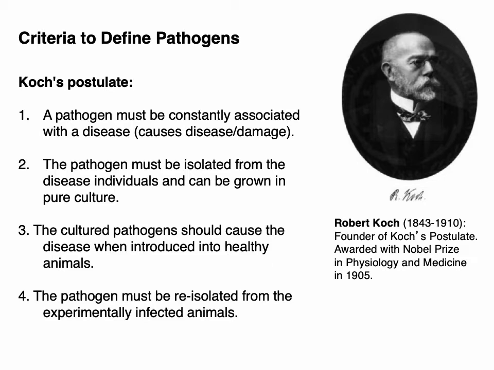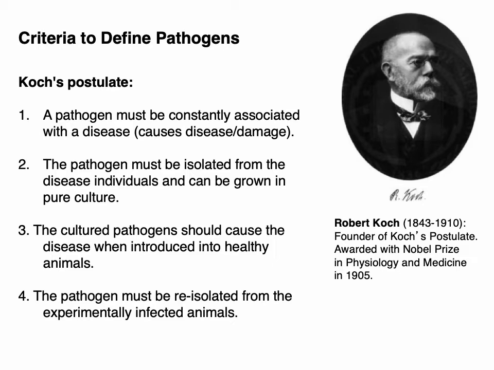He lived from 1843 to 1910, and he's the founder of Koch's postulate. He was awarded the Nobel Prize in Physiology and Medicine in 1905. He put forward this postulate to define pathogens. We consider 4 points in that postulate.